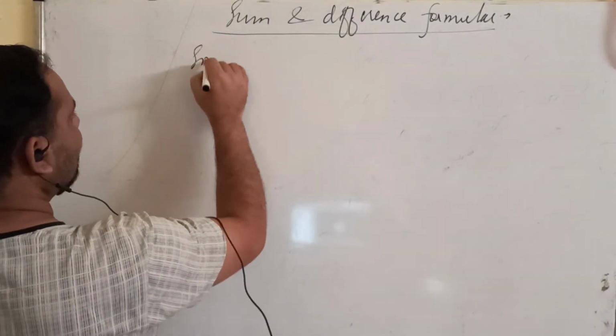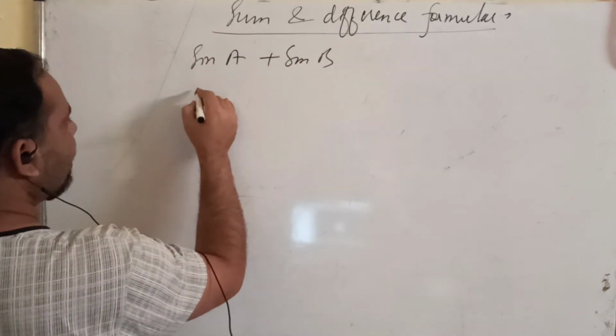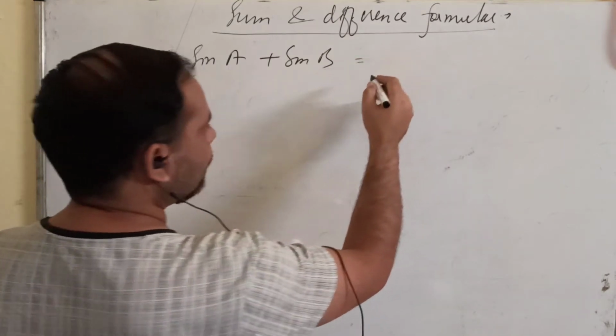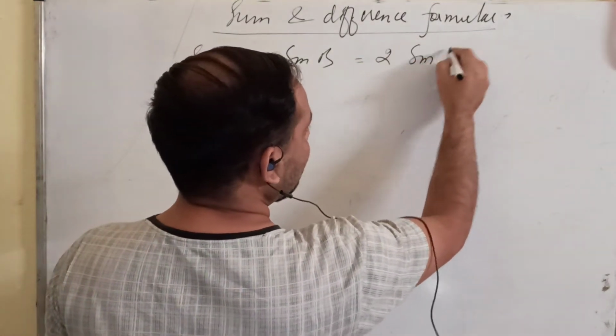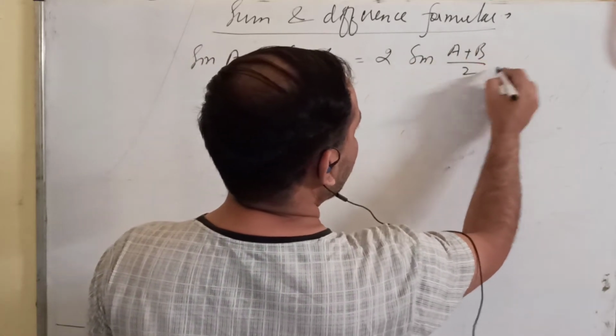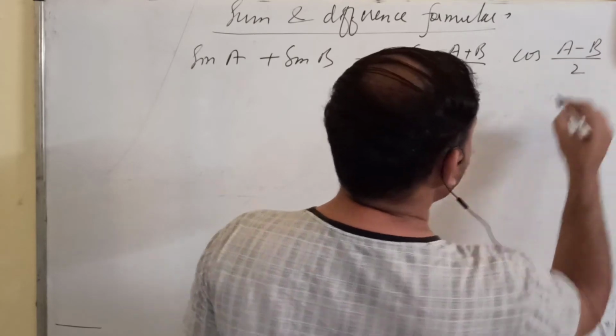First is sine A plus sine B. The formula will be 2 sine A plus B by 2 into cos A minus B by 2.